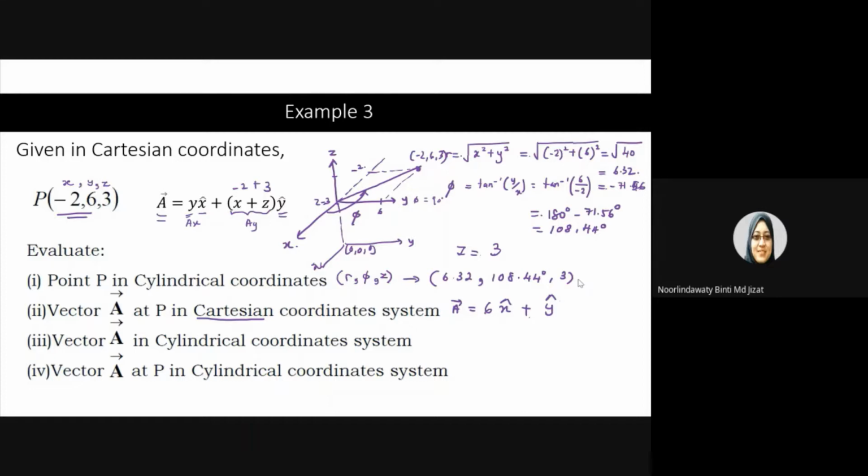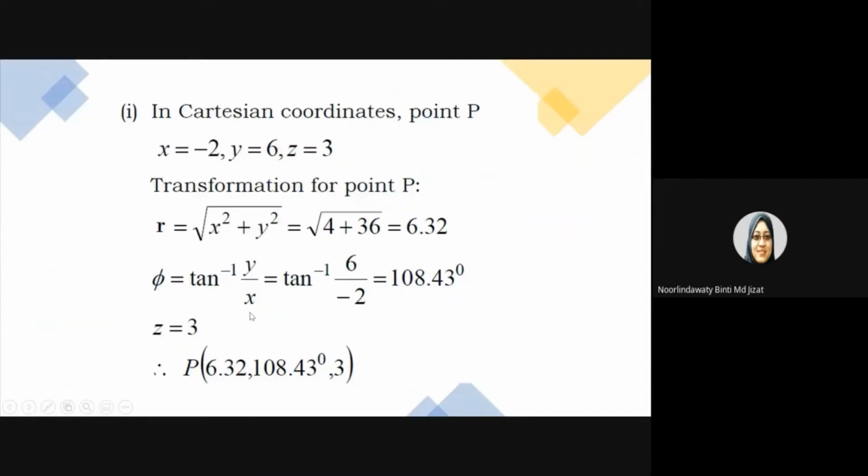So for the Cartesian vector, no need to change anything. And then you have to find the vector A in the cylindrical coordinate system. This is where you need to use the formula, because you have to change this vector from the Cartesian to the cylindrical coordinates. So now let's do this one.